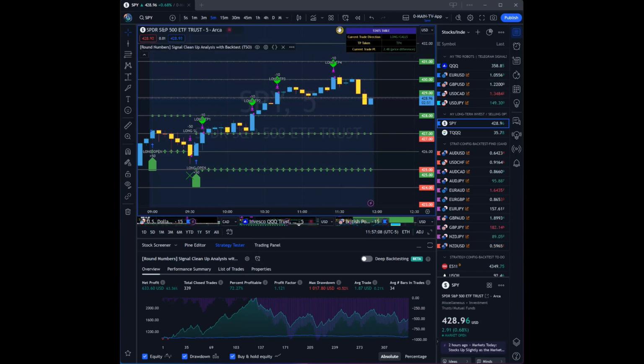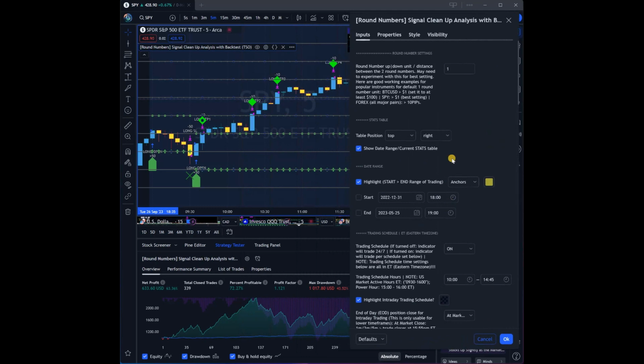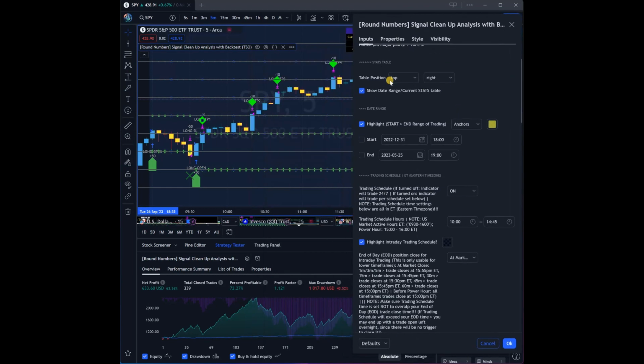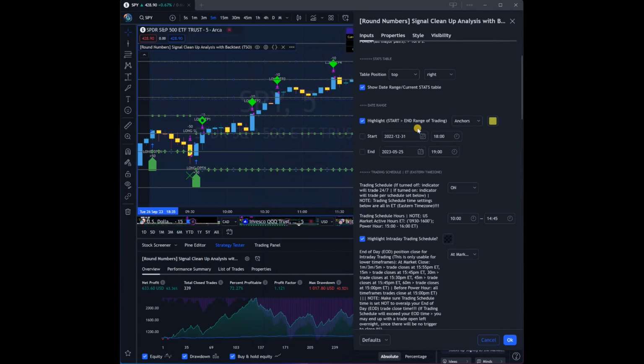Okay, let's just go through the settings real quick. The majority of them, if not all, are self-explanatory, but I'm gonna quickly explain them anyways. So you got the position stats table, you can show or hide. Date range of trading. This is specifically if you wanna do backtesting for a specific month.